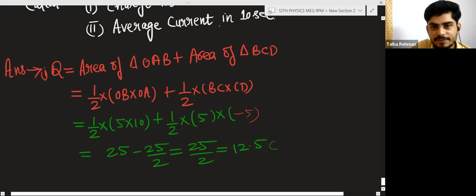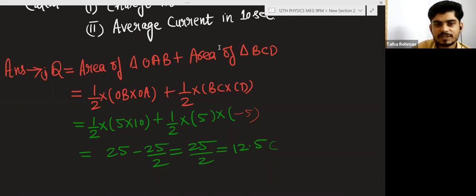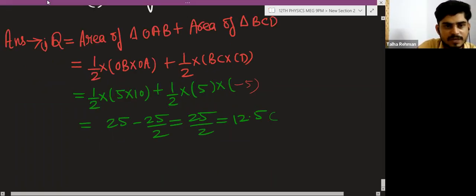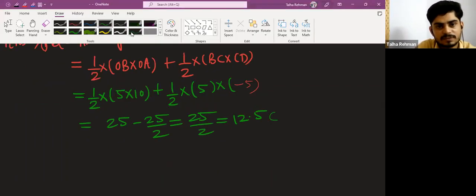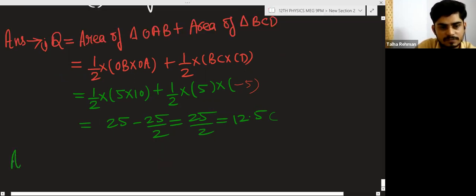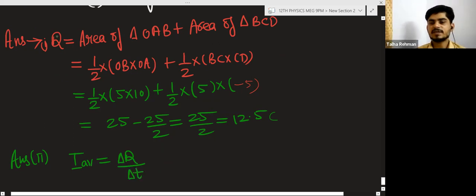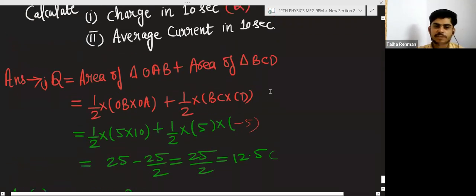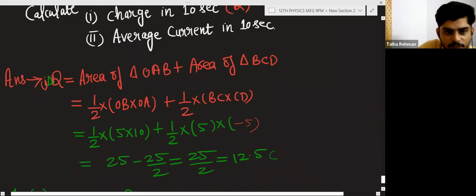Now we have to find the average current in 10 seconds. What is the value of average current? Average current is charge flowing. I have written I average equals delta Q by delta T, and this is the delta Q here. This is the total charge flowing.